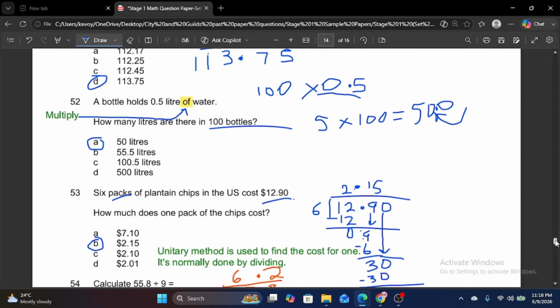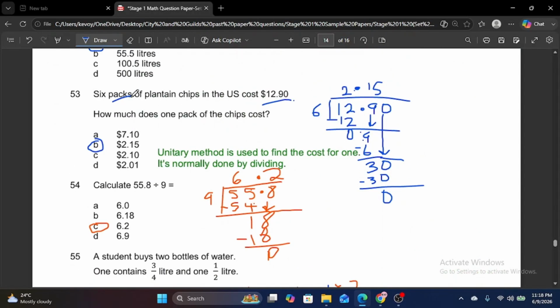Question 53. So 6 packs of plantain chips in the US cost $12.90. How much will one pack of chips cost? This is normally considered a unitary method. The unitary method is used to find the cost for one, and it is normally done by dividing.